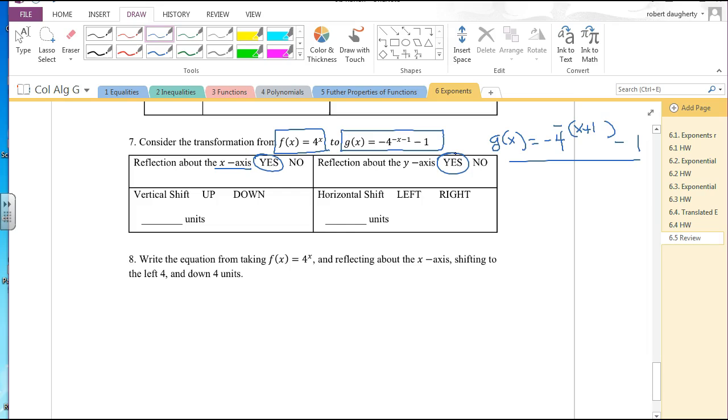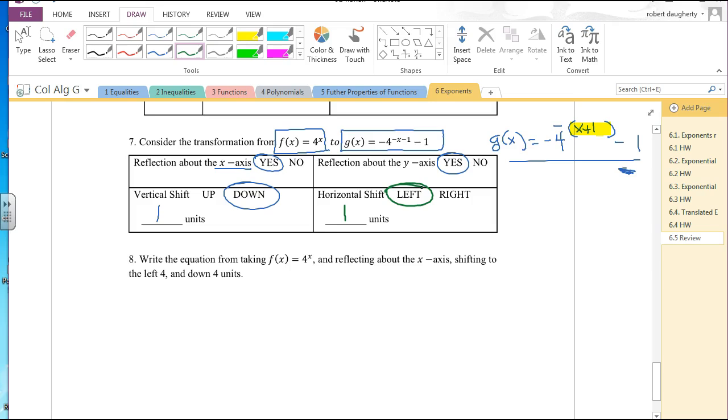If I look at a vertical shift, the negative 1 off to itself over here tells me I've shifted 1 unit down. And then if I look at the exponent inside parentheses right here, when I see that x plus 1, that means I've shifted 1 unit to the left.